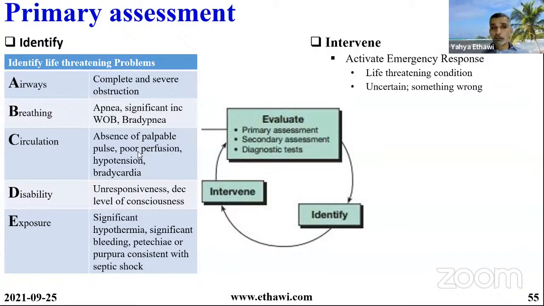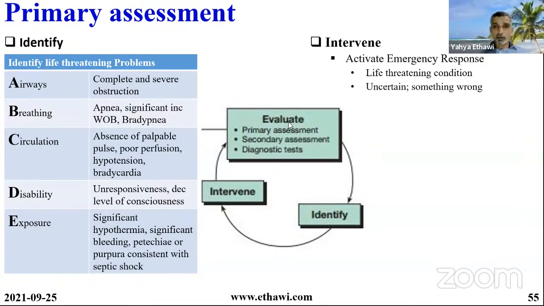Circulation, you have to say poor perfusion, absent pulses, hypotension, bradycardia. Disability, are there any signs or not, and then exposure. In disability, the most important is responsive or unresponsive, and if it's responsive, whether there is a decrease in level of consciousness. And exposure, is there significant hypothermia or bleeding, or a change in temperature.